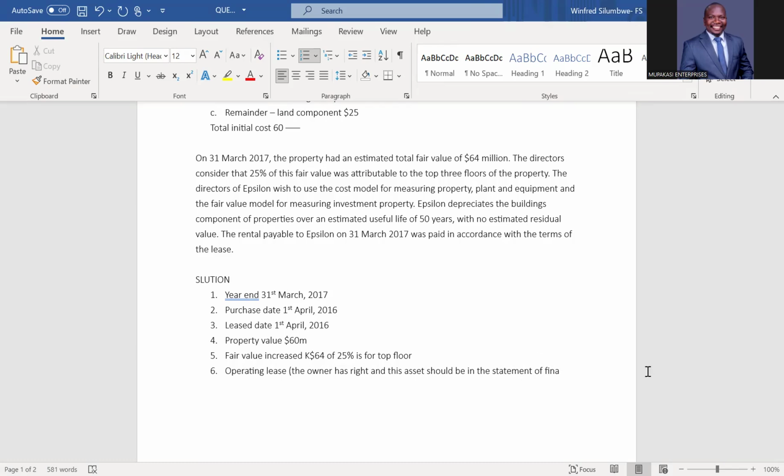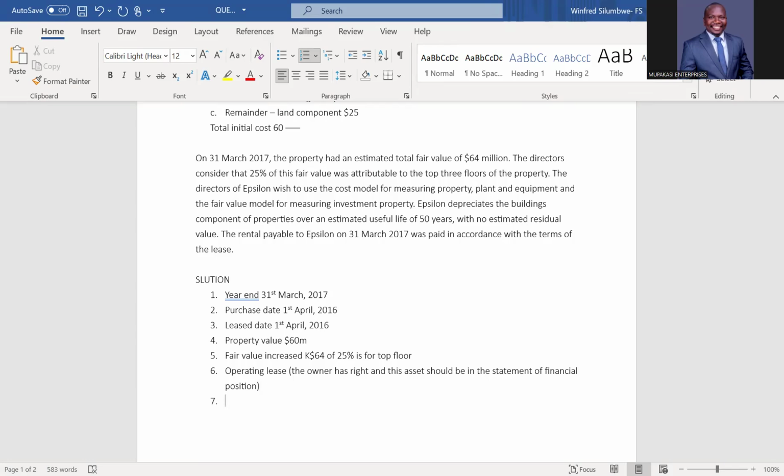It means the asset will not be sold at the end of the tenure, so it will still continue to appear in the statement of financial position of the owner.